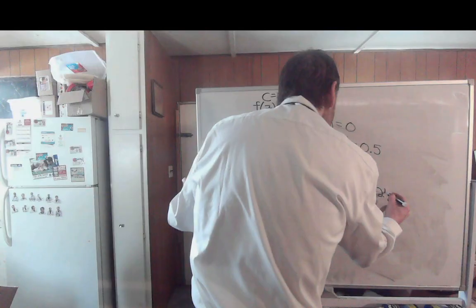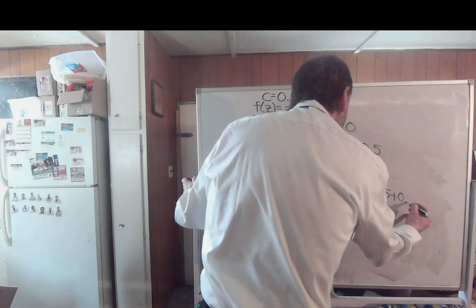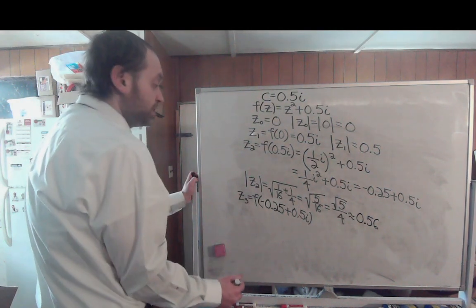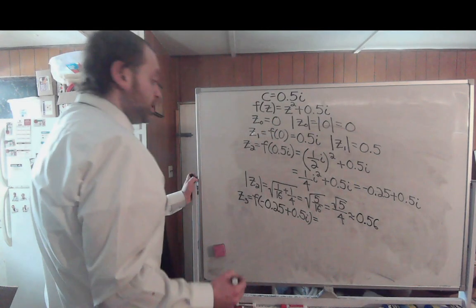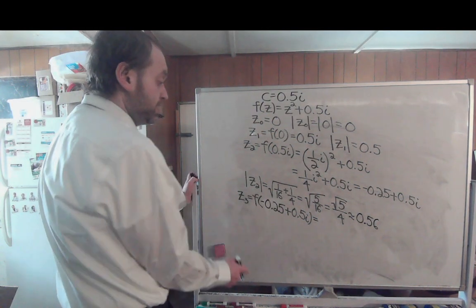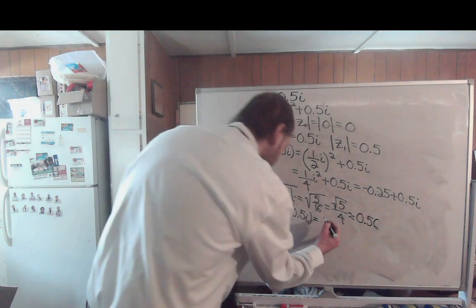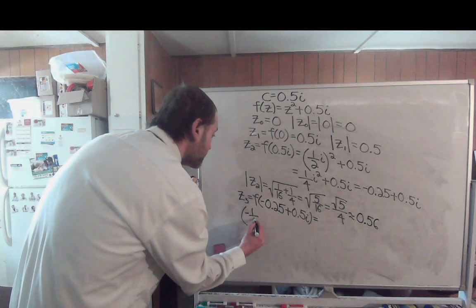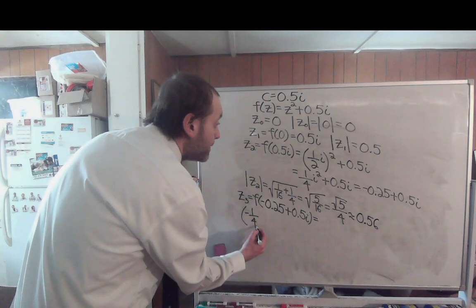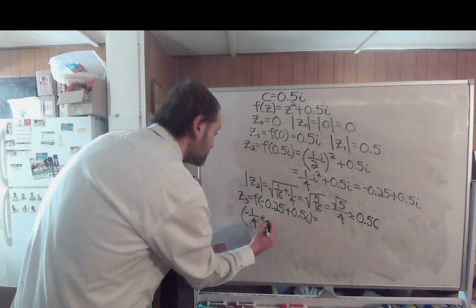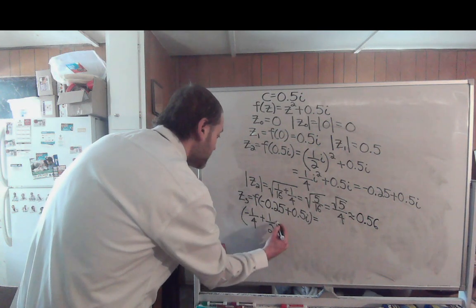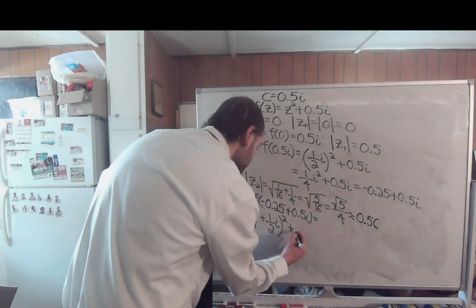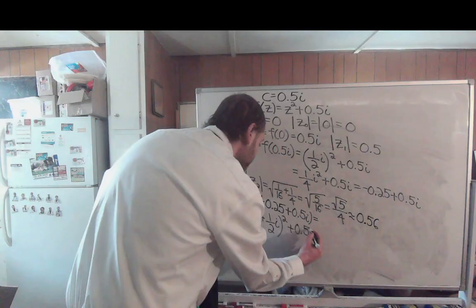Negative 0.25 plus 0.5i. This one's a bit of a doozy. So anyway, let's put that in. You'll end up getting, of course, negative 1/4 plus 1/2 i raised to the second power plus 0.5i.